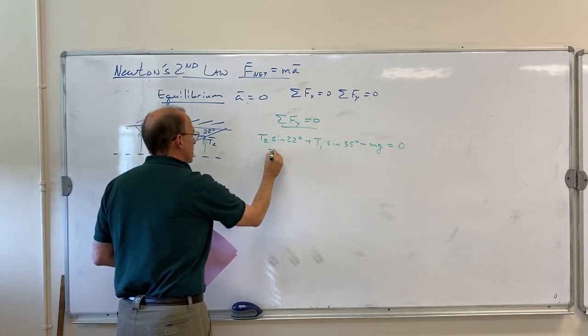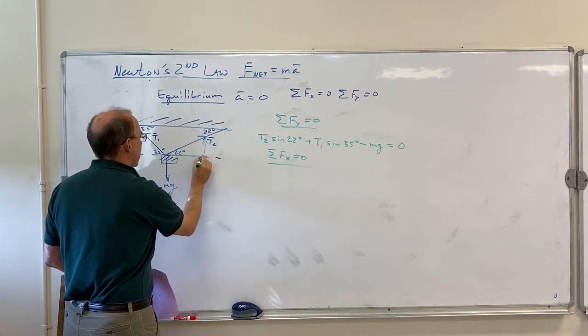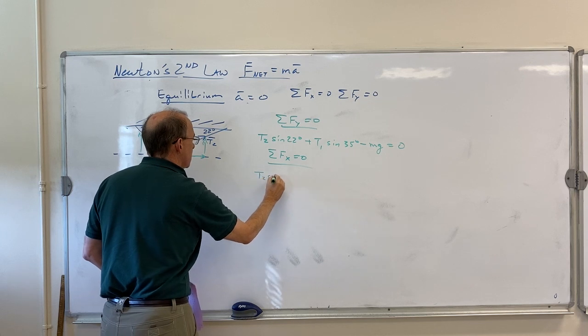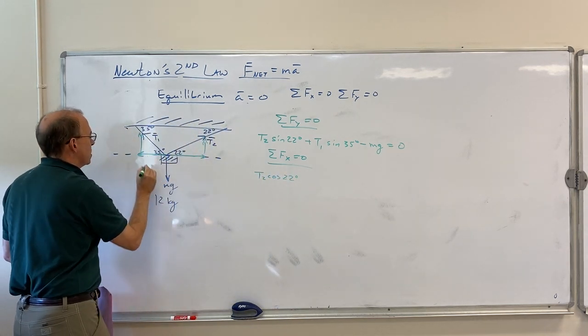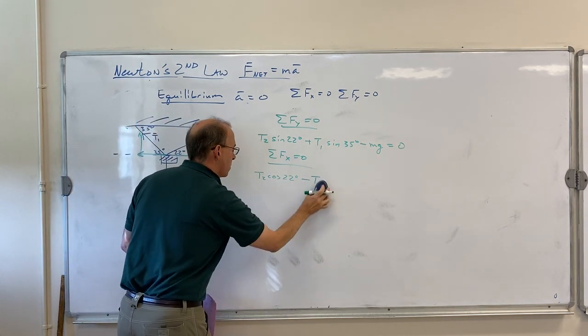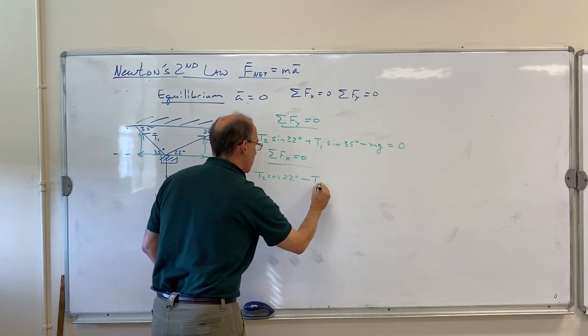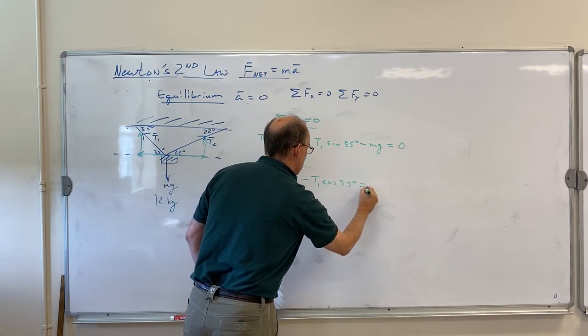In the x direction, the sum of the Fx equals 0. I've got an Fx here, that's T2 cosine 22. I've got an Fx here that points the other way, so minus T1 cosine 35 is 0.